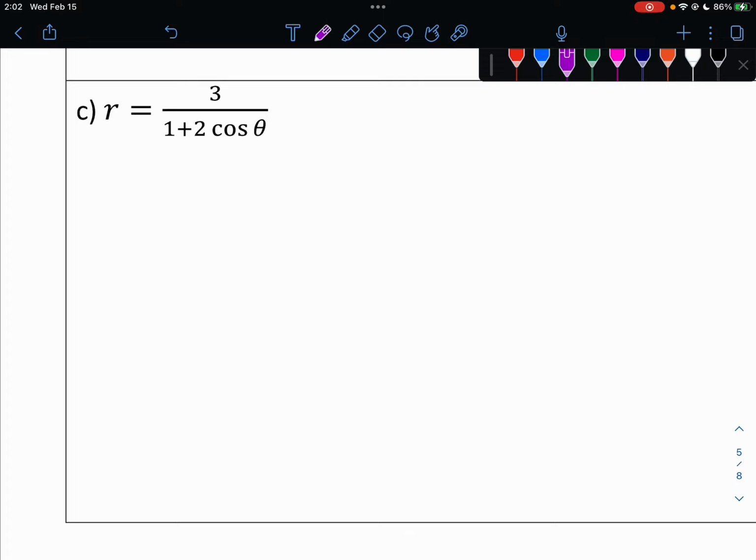If I multiply both sides by the denominator there, I get r plus 2r cosine theta equals 3. Well, r cosine of theta, we know that's x, but r, we don't really know what that is.